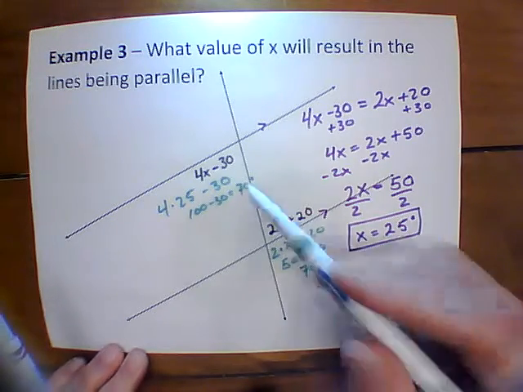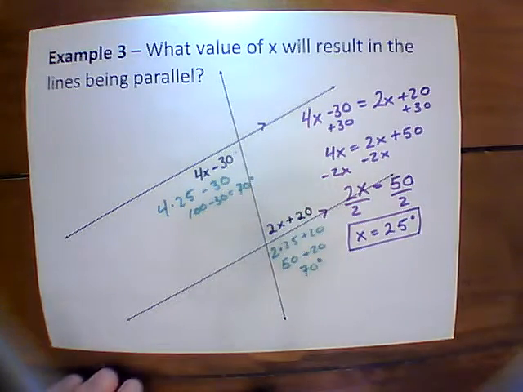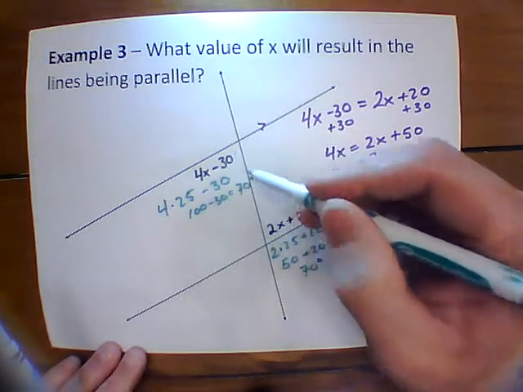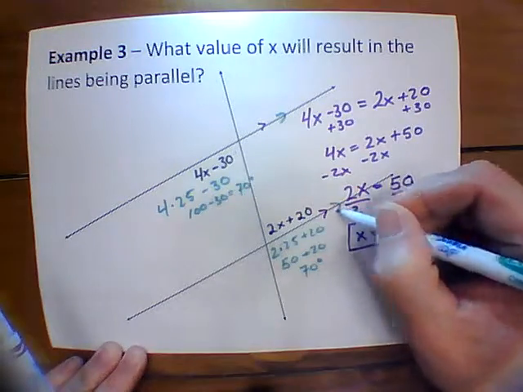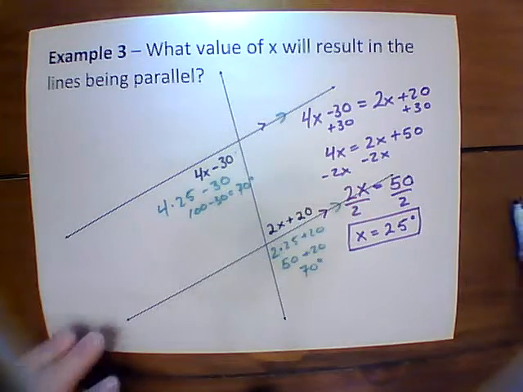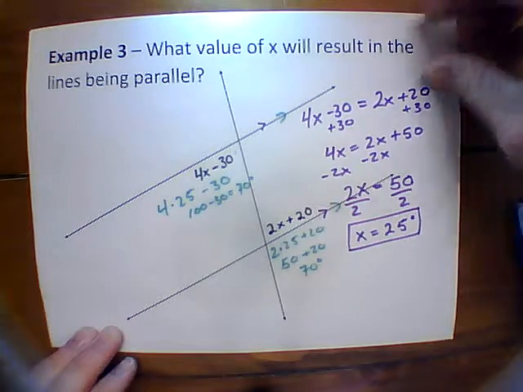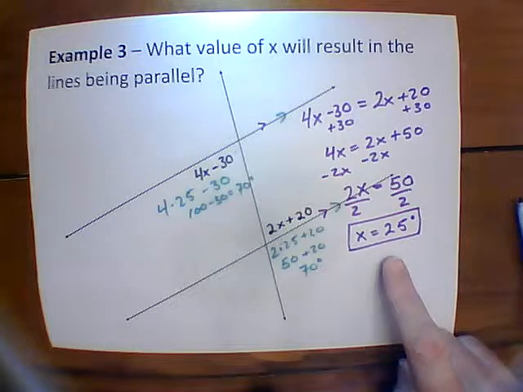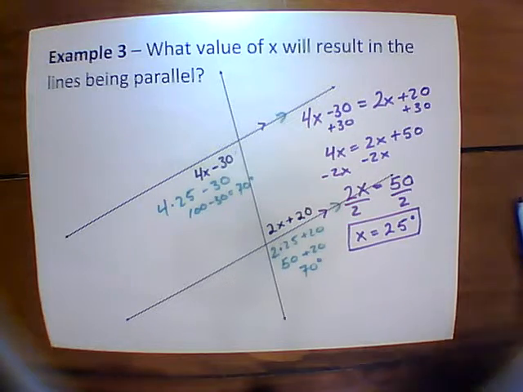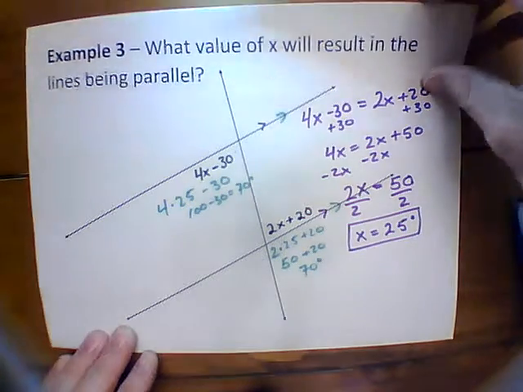So when x is 25, these two angles are in fact both 70, so they are equal. So if the alternate interior angles are congruent, then we can conclude the lines are parallel using the converse of the alternate interior angle theorem. Though what I did at the end is more or less a check to make sure that when I solve for x equals 25 that I did in fact find the right value.